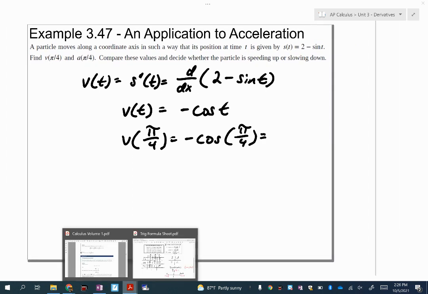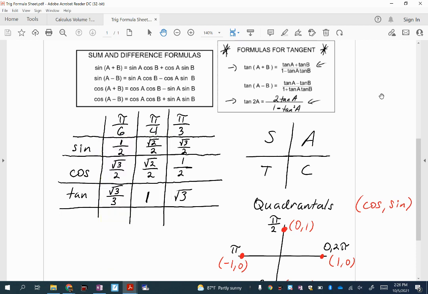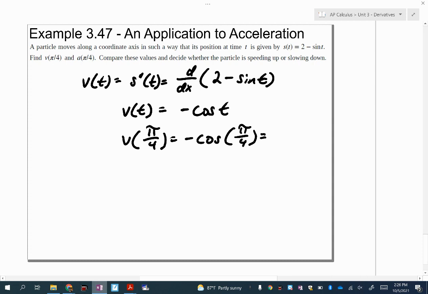If I look at my formula sheet, the cosine of pi over 4 is the square root of 2 over 2. But that's not the answer because it wants the opposite of that. So it's the opposite of the square root of 2 over 2. So what I notice is that my velocity is negative. And like a question we did last week, that means your particle is moving from right to left.